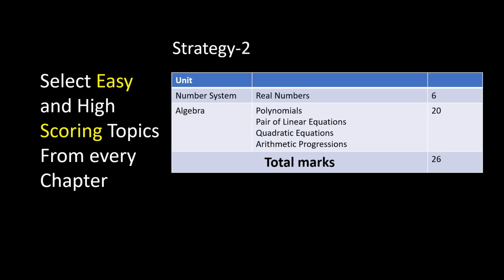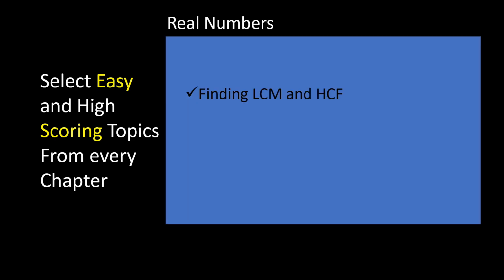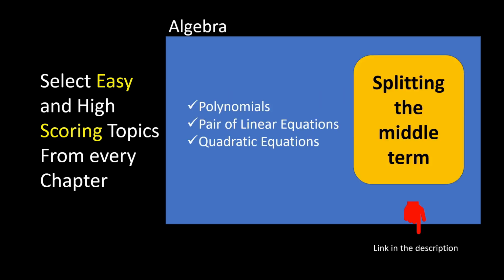Once you select any one of the strategies, from the selected chapters also you can even select easy and comfortable topics. For example, from these 3 chapters, if you practice splitting the middle term, just by practicing splitting the middle term, you can solve almost all the problems of these 3 chapters.